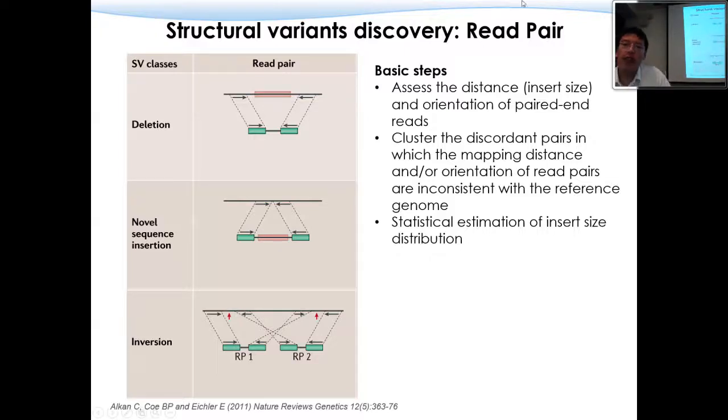So the first type of signal is the read pairs. So you can see this one is the deletion, and this is the insertion, and this is the inversion. In this case, what we normally do is we'll first assess the distance and the orientation with the paired end reads.